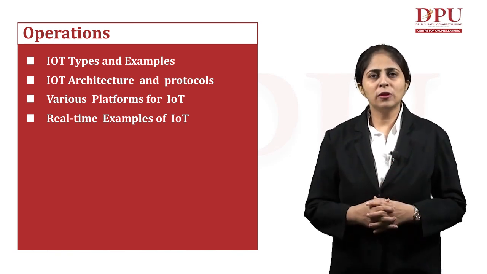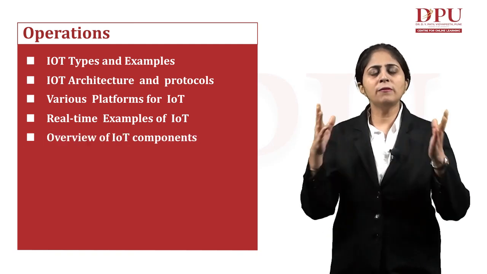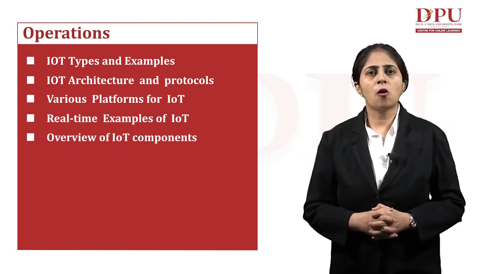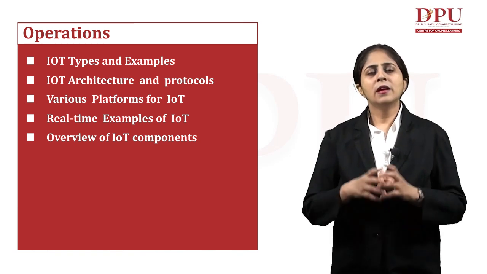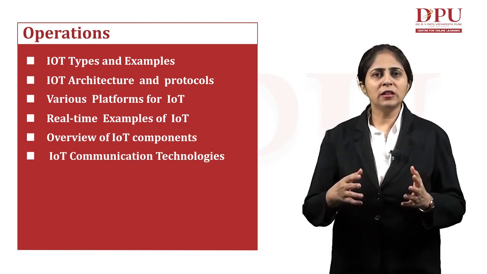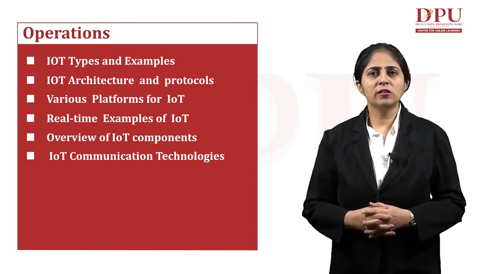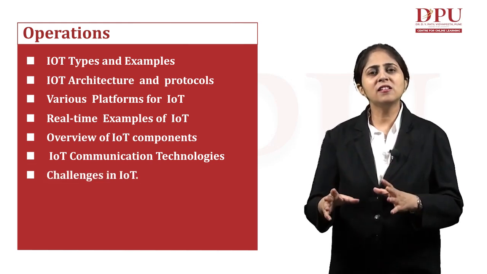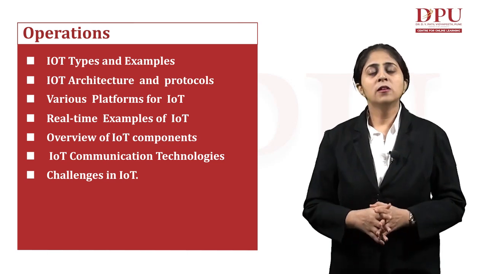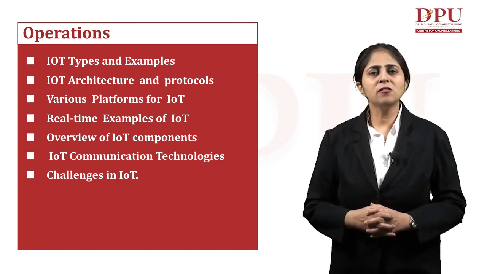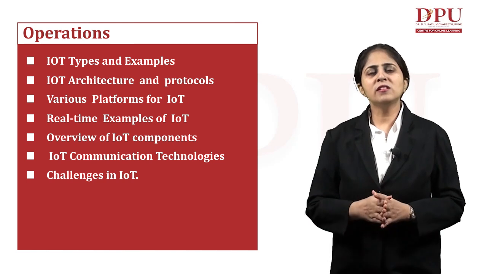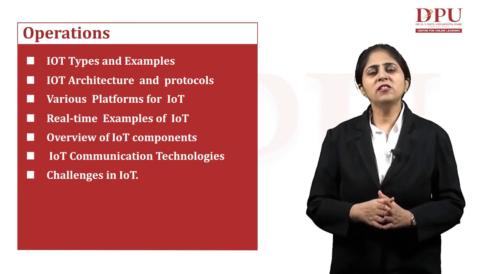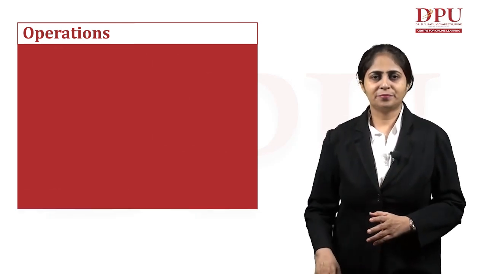Later in this unit, we will be talking about the overview of various IoT components. Next topic will be IoT communication technologies. And the last one, we are going to discuss the challenges in IoT. So these are the main content of our Unit 3, which is IoT, Internet of Things.